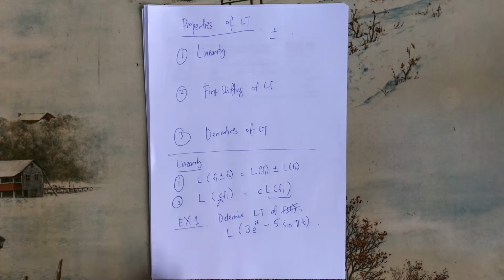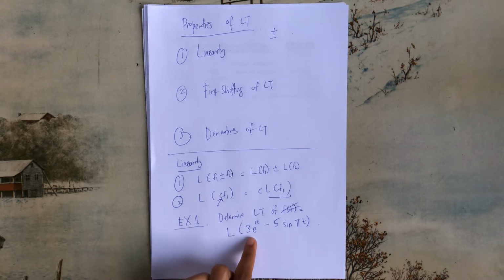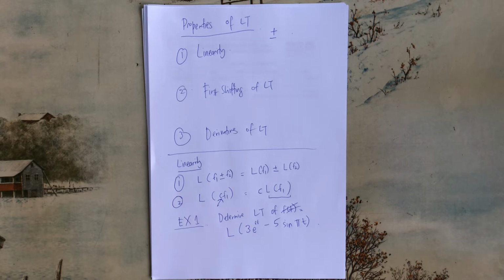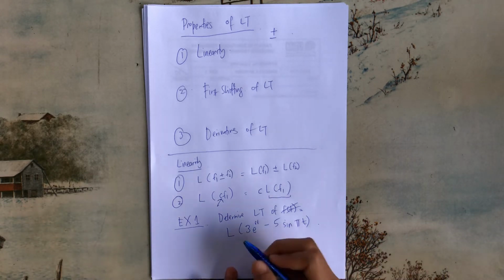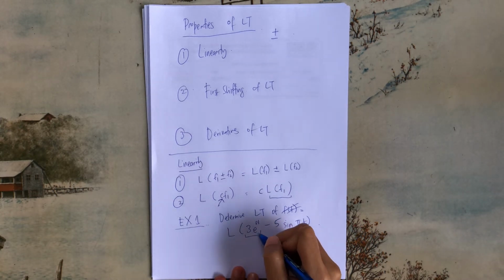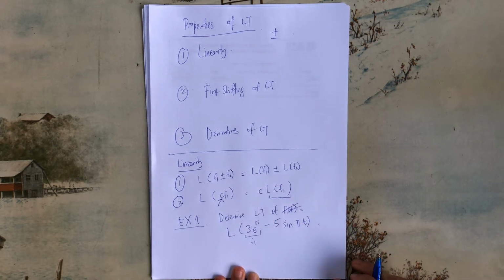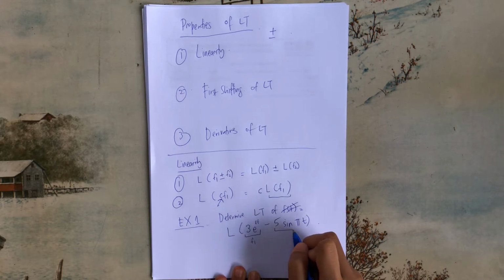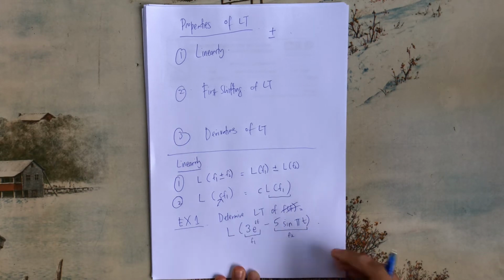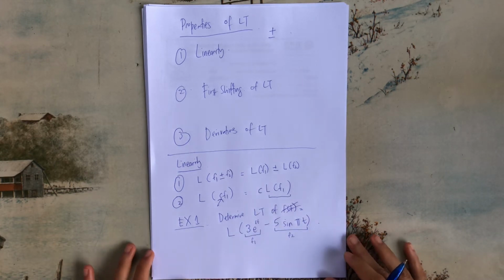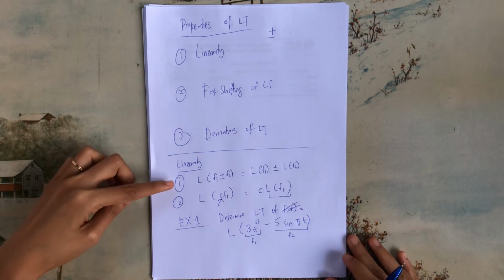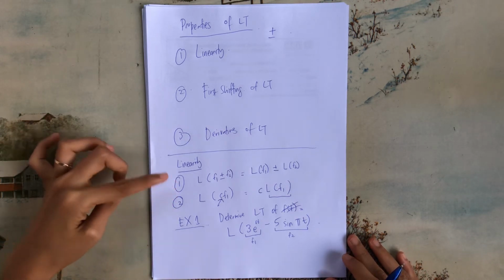Example 1: determine the Laplace transform for 3e^(8t) minus 5 sin(pi t). You can see clearly that we have two functions. The first one we denote as f1, and the second one we denote as f2.